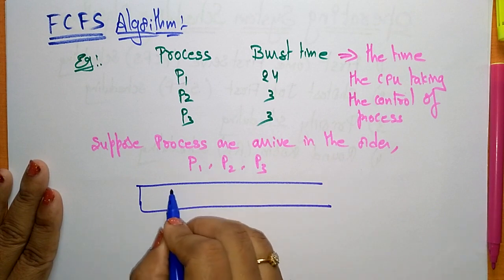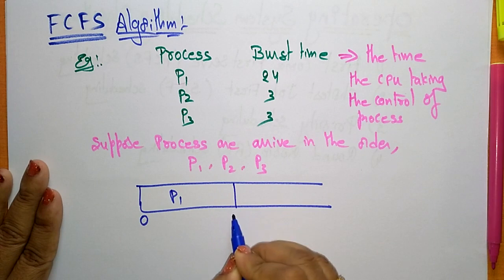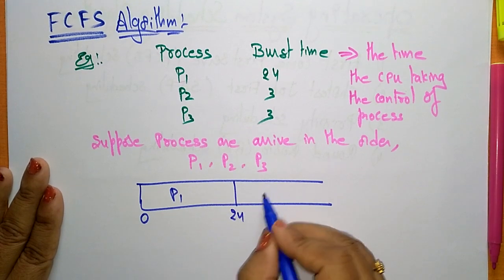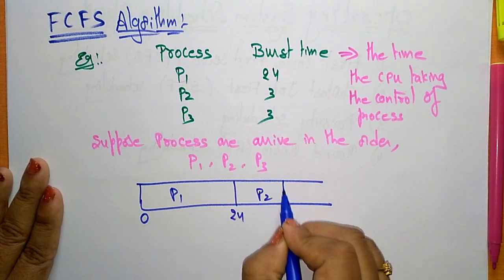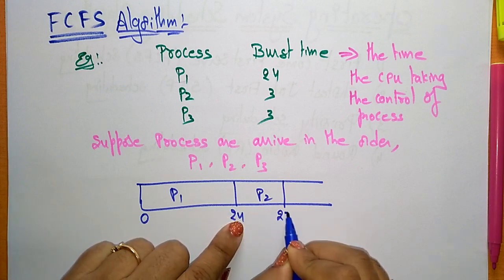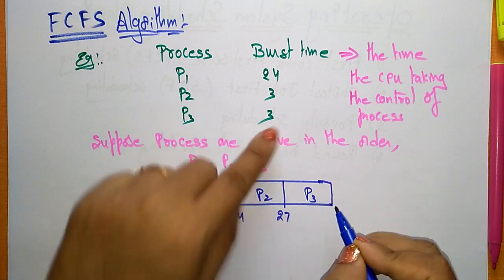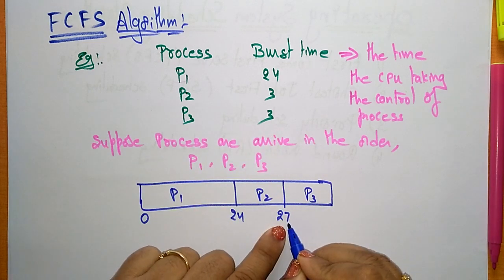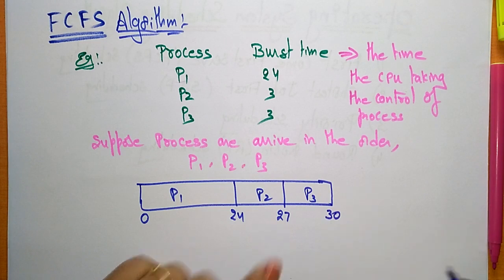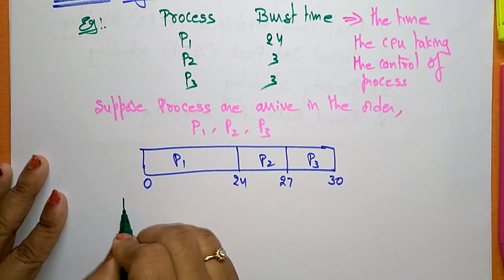First P1, with burst time from 0 to 24. Next P2, whose burst time is 3. If you add 3 to 24, this is 27. And the burst time of P3 is 3, so just add 3 to 27. This is 30. Now calculate the waiting time of each process.